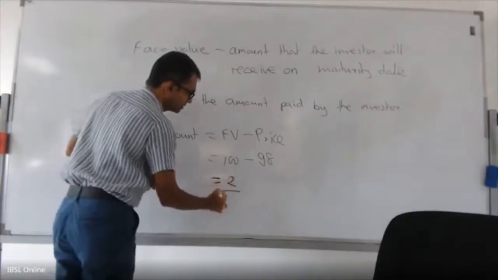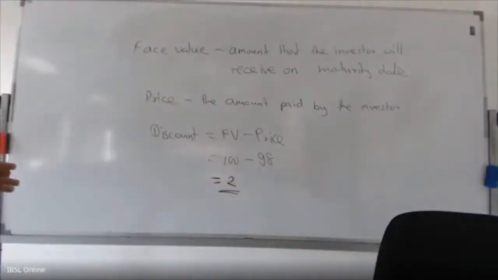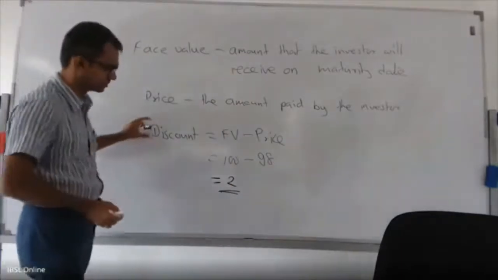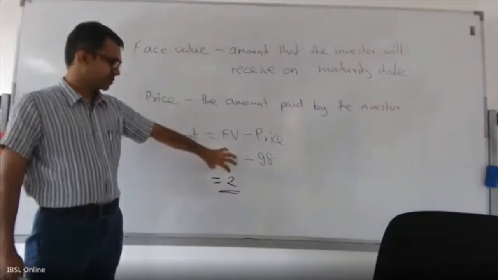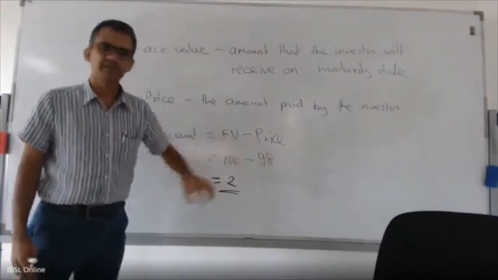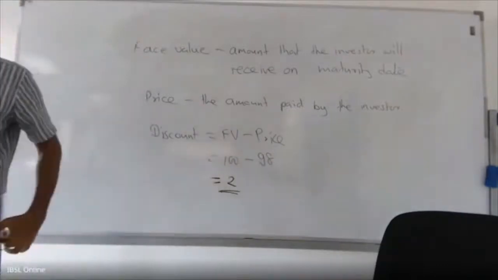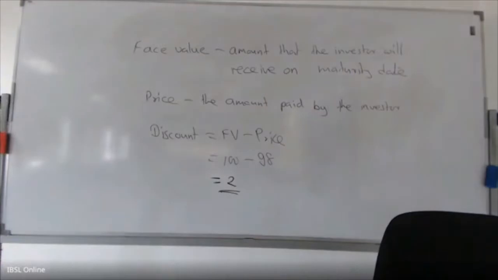Discount amount is 2 rupees. Is it clear? Discount. That's the difference between the quoted amount and the price that we pay. Clear?